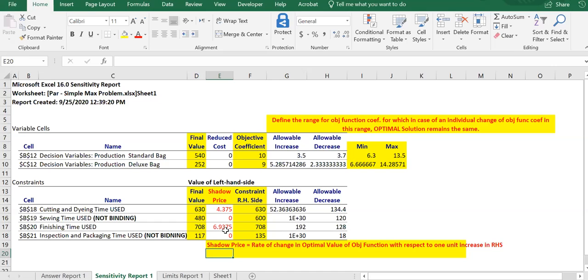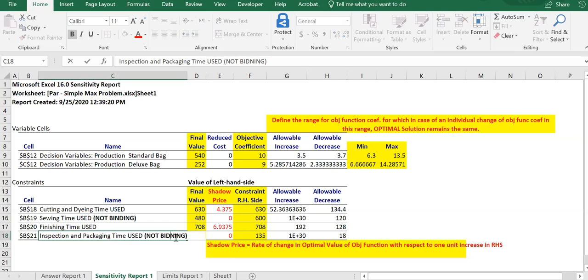So this should be your first choice, second choice, and then you never want to increase. As long as you have 2 bottlenecks, you're not going to increase the capacity on sewing and inspection, because the shadow price for those is 0, right? And then you can see here, they're not binding.